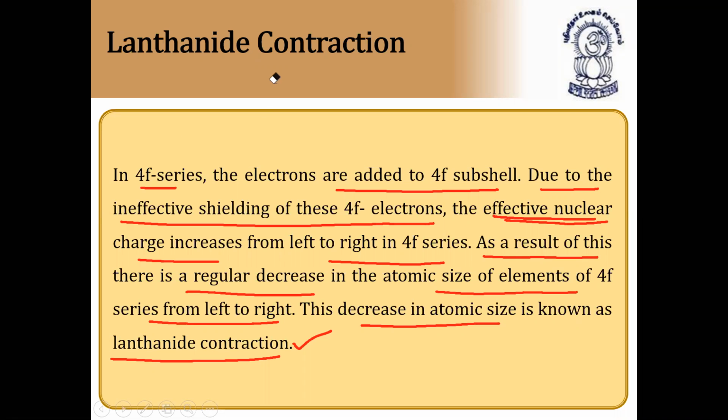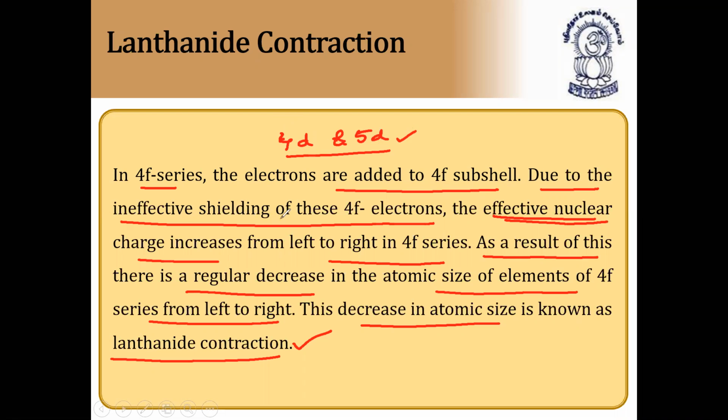Not only the 4f series, lanthanide contraction is also applicable in 4d and 5d series, but it is less when compared to the f series. In the f series, lanthanide contraction is more when compared to the d series. In the 4f series, the electrons are added to the 4f subshell. Here the electrons are added to the 4d subshell and 5d subshell.